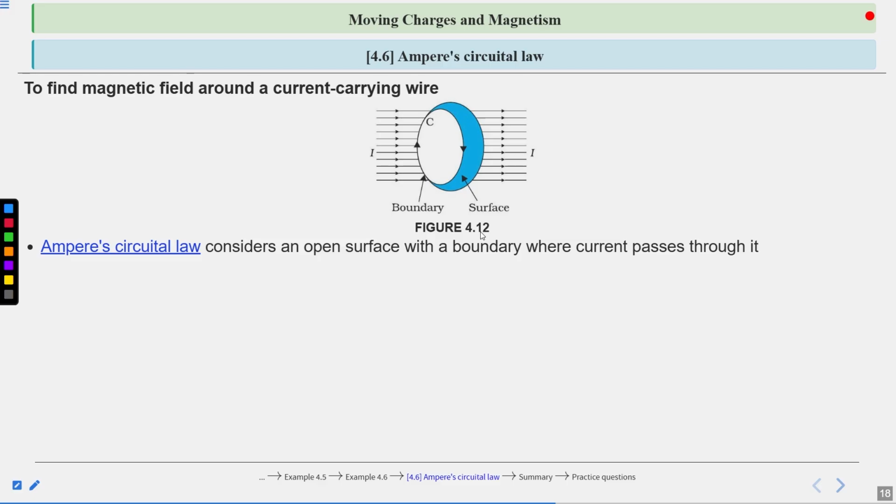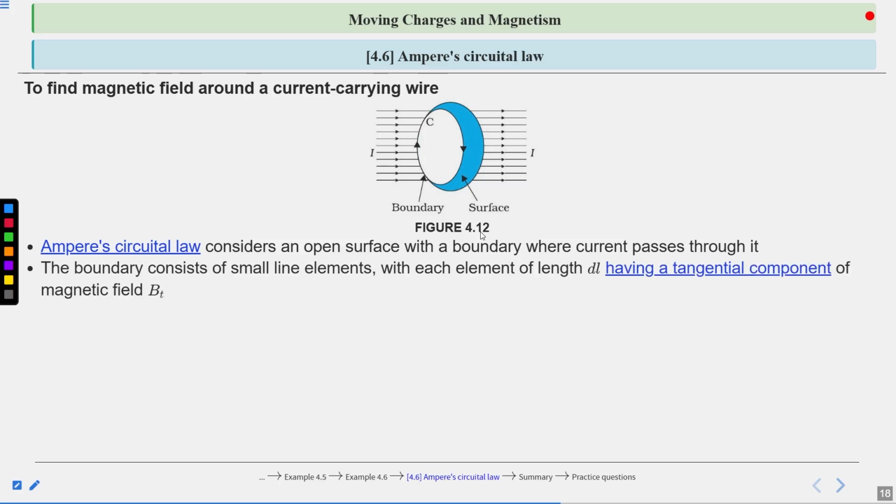So Ampere's circuital law considers an open surface with a boundary where current passes through it. This is the boundary, represented in the diagram also. The shaded part is the surface, and this is the boundary through which current passes. The boundary consists of small line elements.